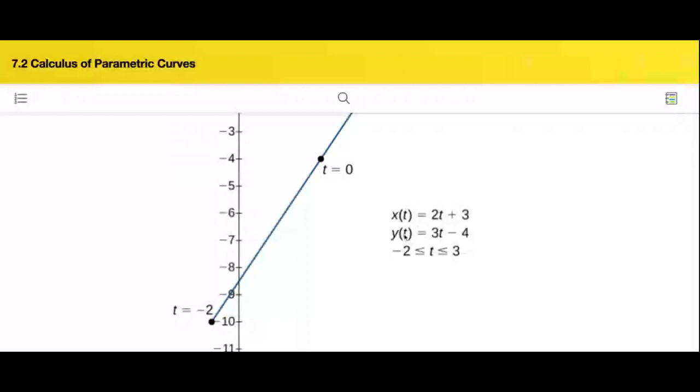Because this is a line segment, if we want, we can rewrite this as a function. We call the first one x, and y can be represented as y of x, or f of x, restricting the domain to be from -2 to 3.